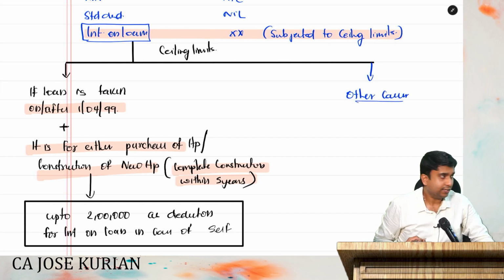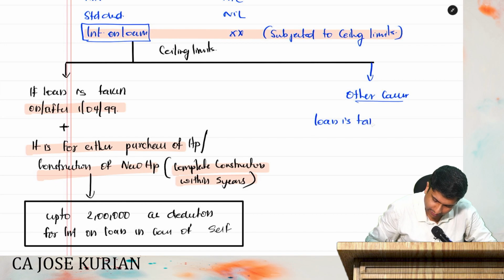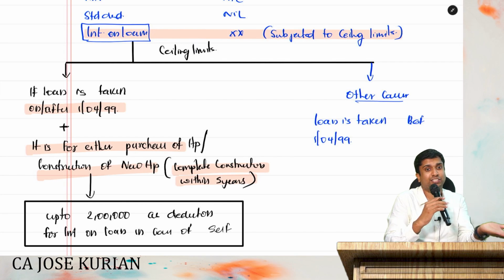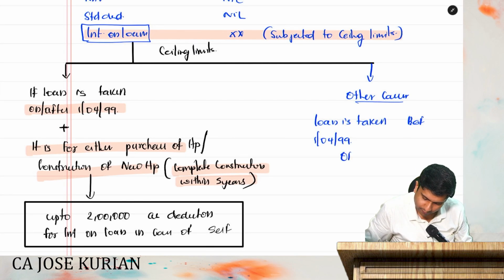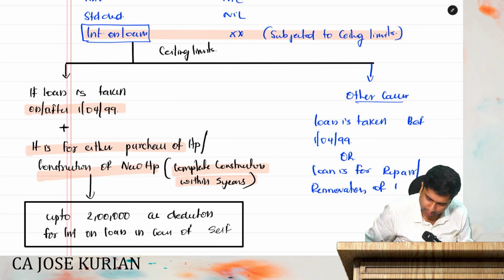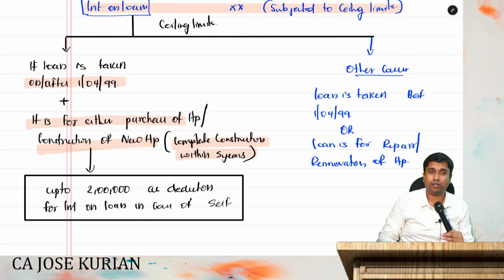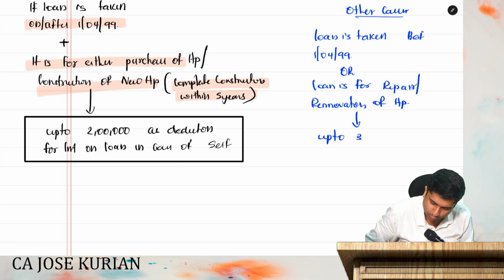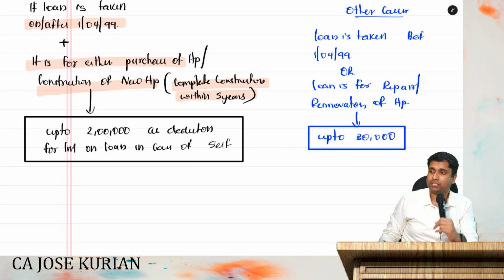Other cases means the loan is taken before 1st April 1999, say for purchase or construction, or the loan is for repair or renovation of house property. In that case, the maximum deduction shall be up to 30,000 rupees.